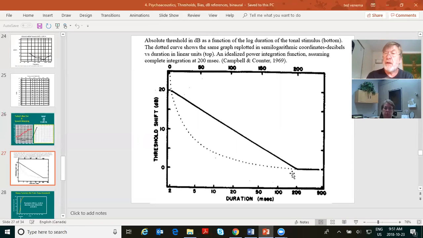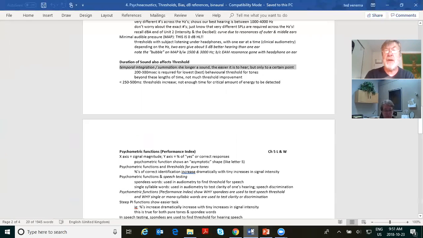Next frequency, deep. Okay, but the word for your body needing a certain amount of time to fully grasp a signal, that's called temporal integration or temporal summation. The longer a sound, the easier it is to hear, but only to a certain point. And that certain point is about 200 milliseconds.